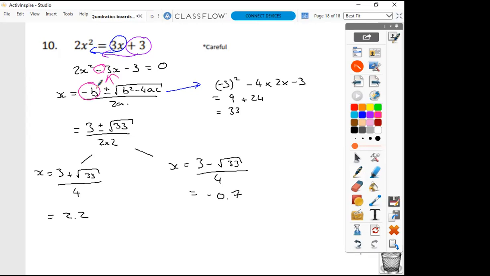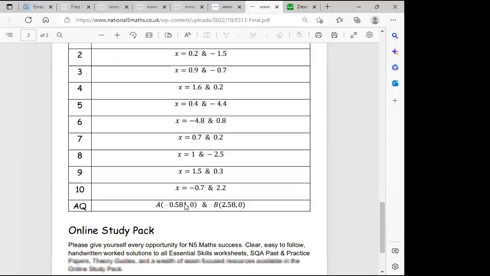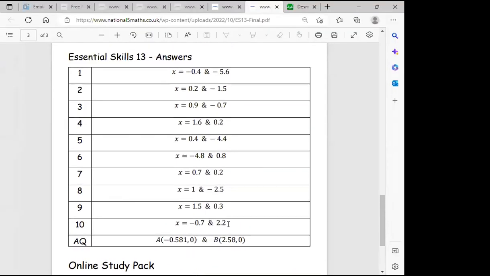Is there any other one jumping out? Right, let's have a wee check of that answer. Negative 0.7. Negative 0.7 and 2.2.